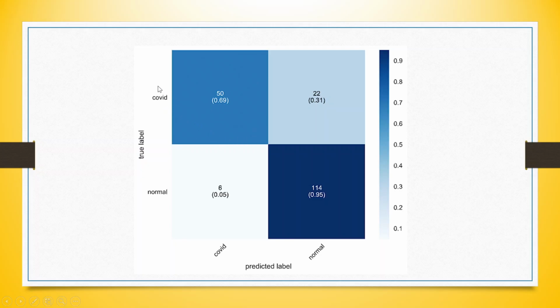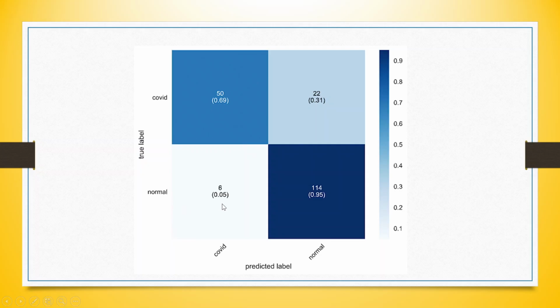So if a person is having COVID and the kit also detected that yes, the person is having COVID, this is a correctly classified case. Similarly, if the person is normal and the COVID kit detected that the person is normal, so 114 plus 50, 164 are such cases which have been correctly classified by the kit.